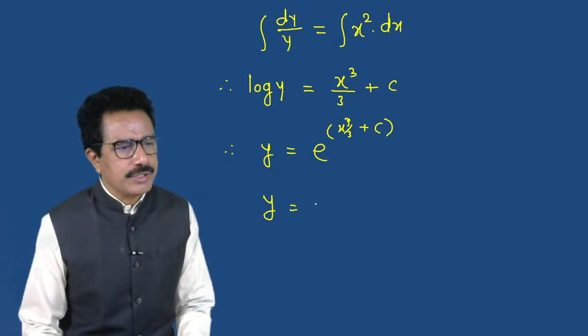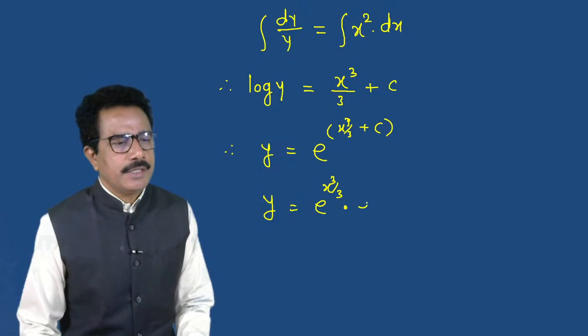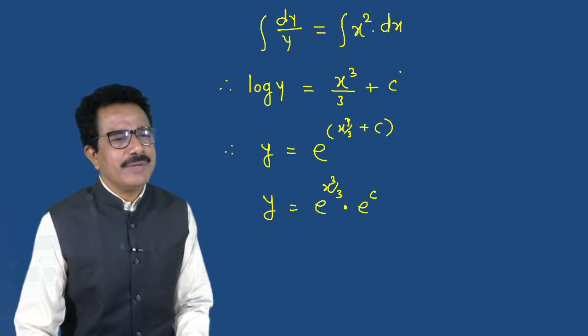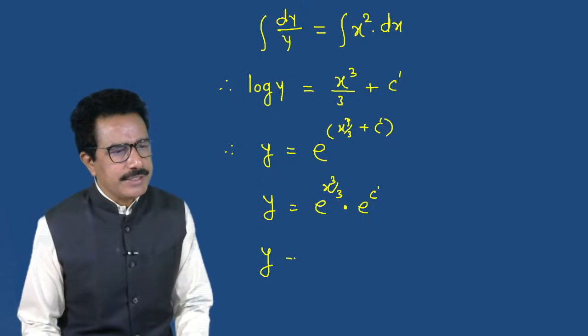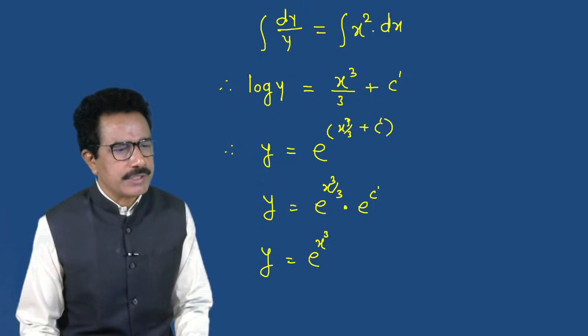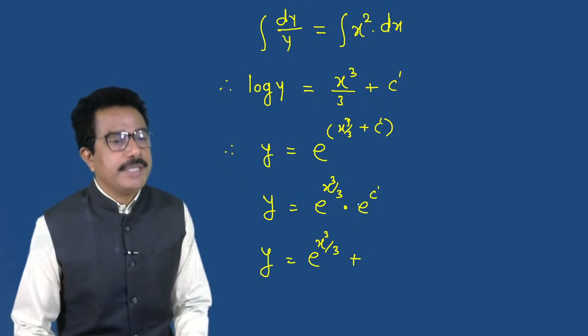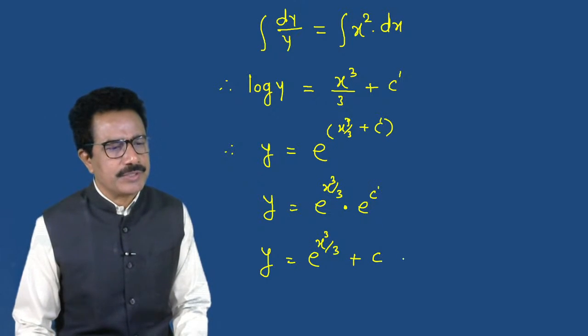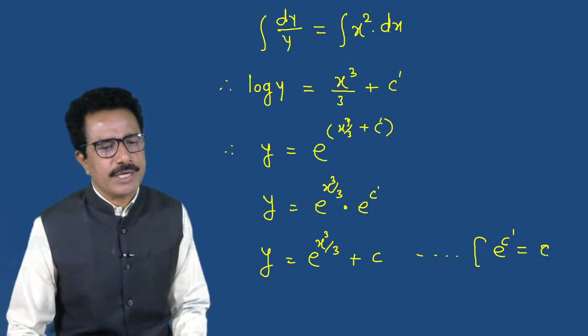So y is equals to e raised to x cube by 3 into e raised to c. We can convert this constant as c dash. So y is equals to e raised to x cube by 3 plus e raised to c dash, means we can put c. e raised to c dash, which is the constant term, we can put c.